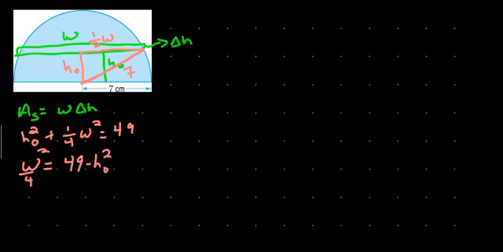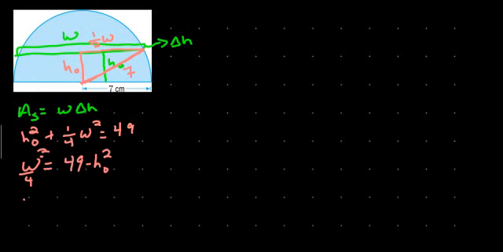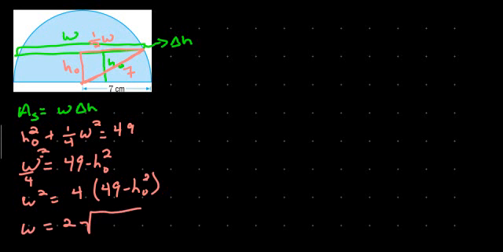And w squared equals 4 times 49 minus h0 squared, and w equals 2 times the square root of 49 minus h0 squared.